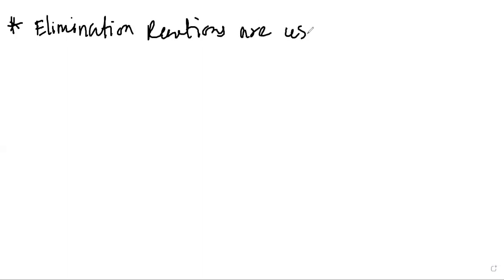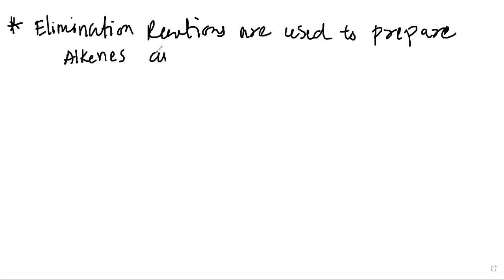Please remember, my dear students, that these elimination reactions are used to prepare alkenes and alkynes. Now let us see one more reaction which is known as the dehalogenation reactions. The another example of elimination reaction.